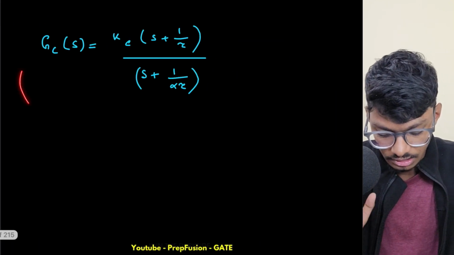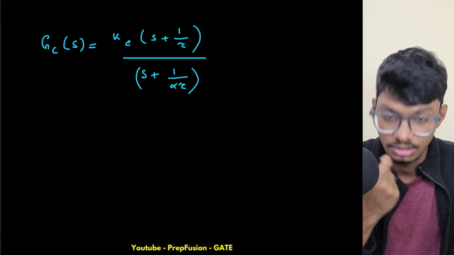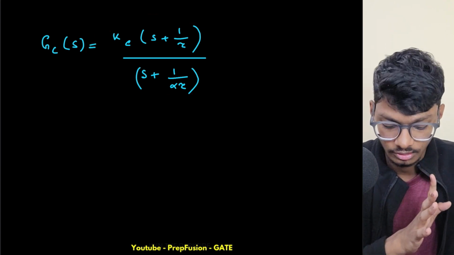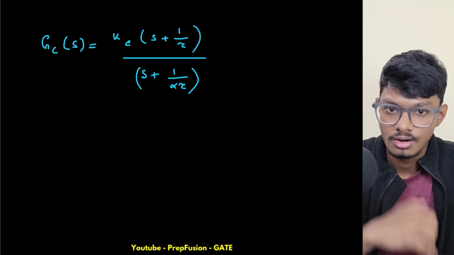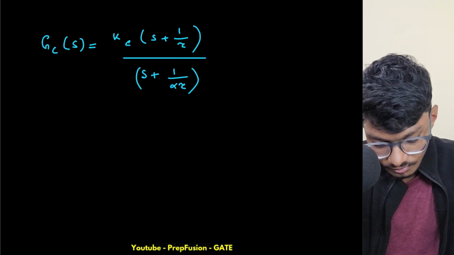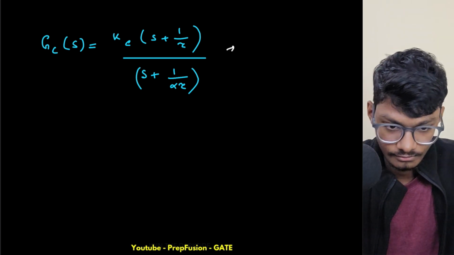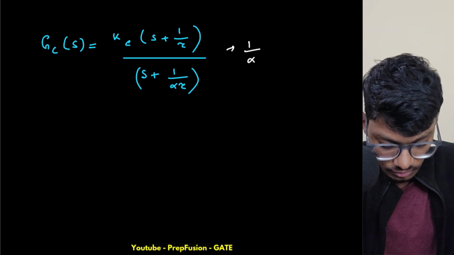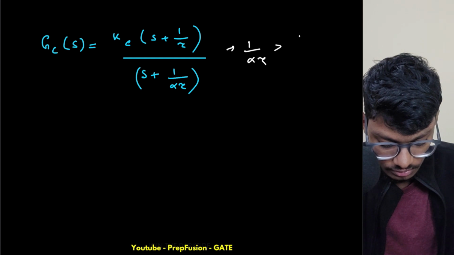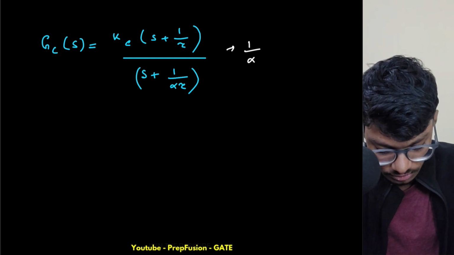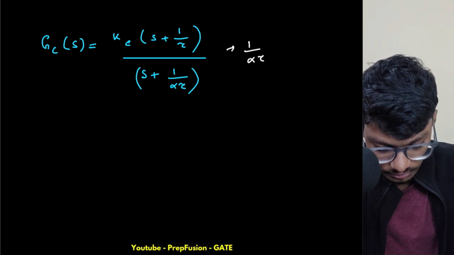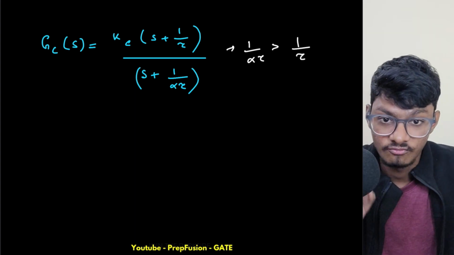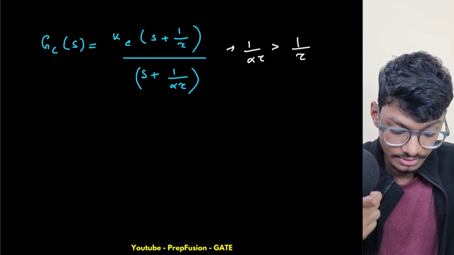Generally our compensator transfer function is written like this: Kc times (s plus 1 by tau) divided by (s plus 1 by alpha tau). Now, if 1 by alpha tau is greater than 1 by tau, what is happening?